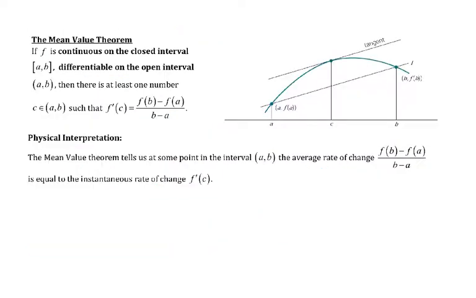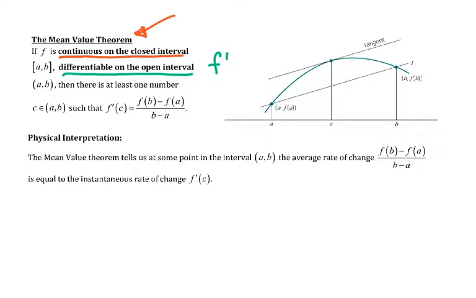So here's what we're going to focus on, the mean value theorem. The conditions are the same. You need to be continuous on the closed interval. You have to be differentiable, that means f prime exists on this open interval.